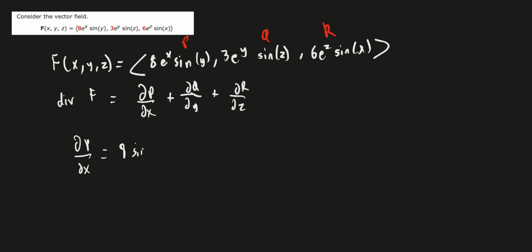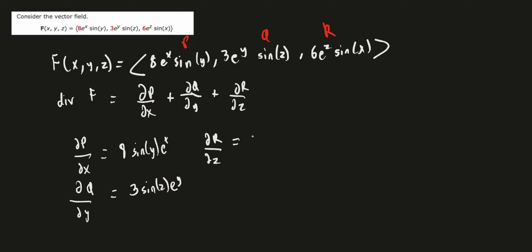It's 8 sin y e to the x. Partial Q partial y is 3 sin z e to the y. And partial R partial z is 6 sin x e to the z.